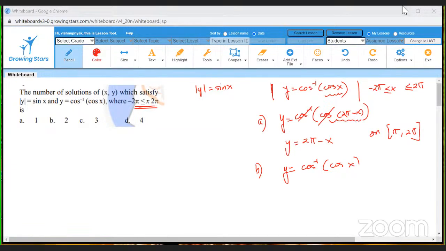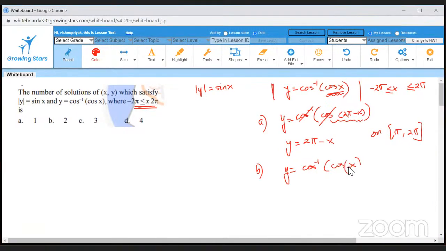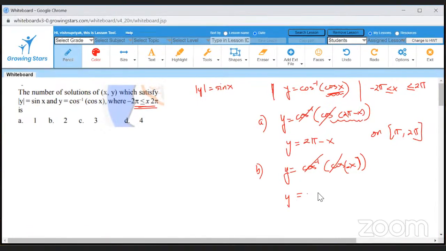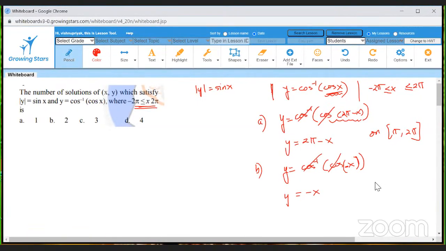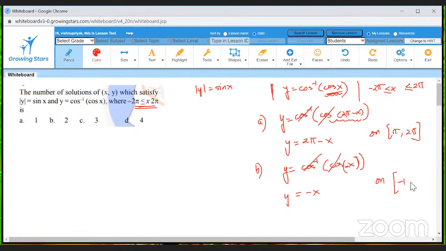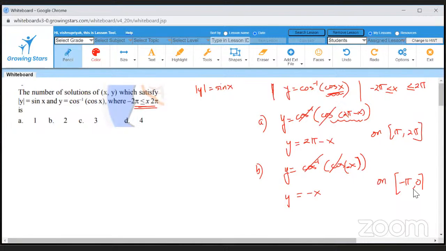Or you can write cos x as cos of minus x also. Then cos inverse and cos will cancel, and y will be minus x, but this interval is from minus pi to 0.